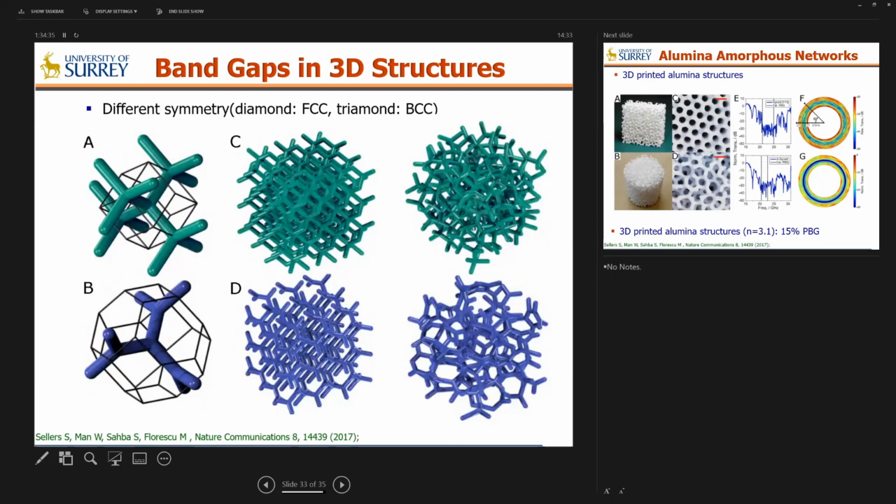Now we have shown that there is another network, which is not present in electronic materials, which we call the trivalent network, shown here, which has trivalent connectivity. You note that for the blue structure, we have 3 of these roads connected at each vertex, and this gives rise to what we call the trivalent network.